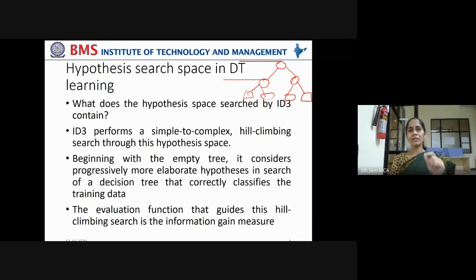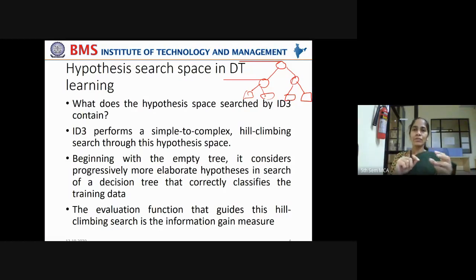Say you're standing at the foot of a mountain. In order to climb the mountain or hill, what do you do? You just search around you. And wherever the inclination is steep, meaning wherever you have the highest inclination, there you tend to go forward, right? In the same way, the decision tree proceeds with the hill climbing approach.